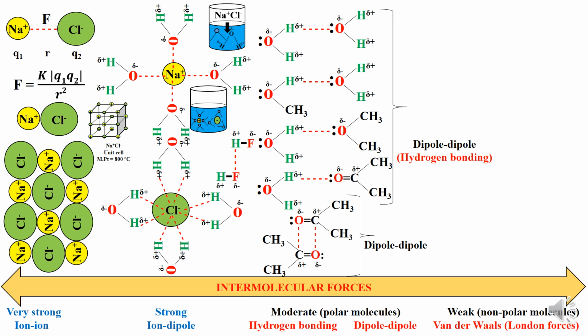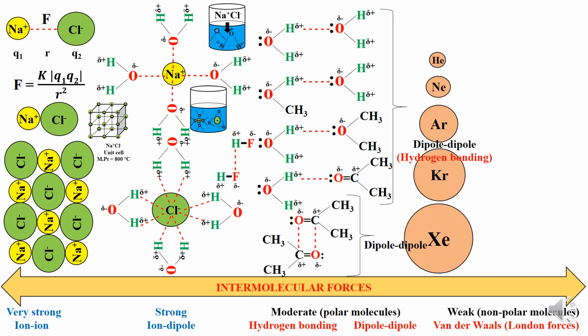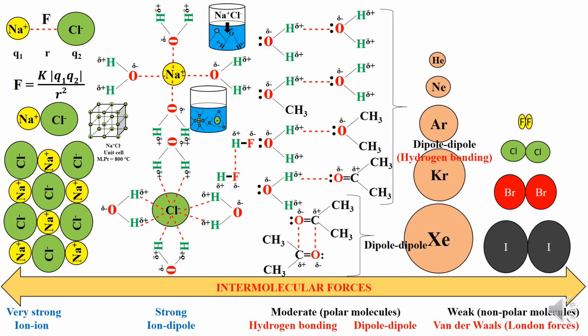Now moving on to the van der Waals force. The van der Waals force is also called the London dispersion force. It is a weak force that occurs between non-polar molecules and non-polar atoms. You can find the van der Waals force between non-polar noble gases like helium, neon, argon, krypton and xenon, and between non-polar molecules like the diatomic halogens fluorine, chlorine, bromine and iodine.